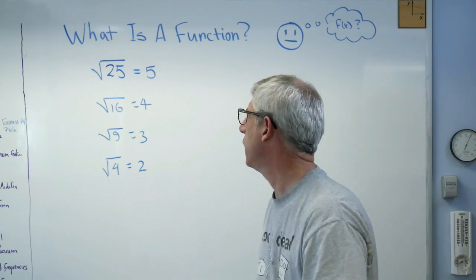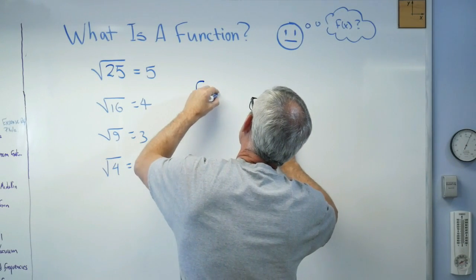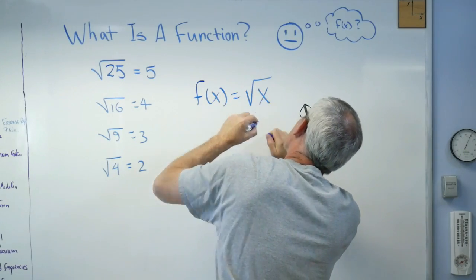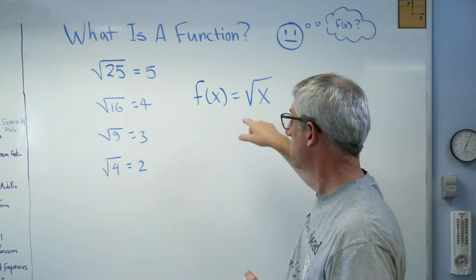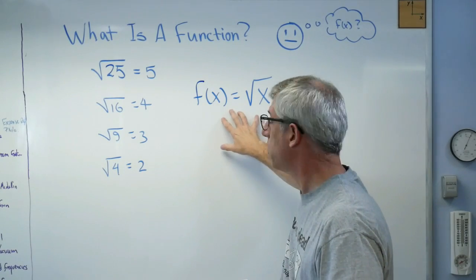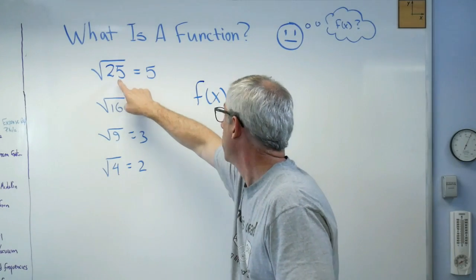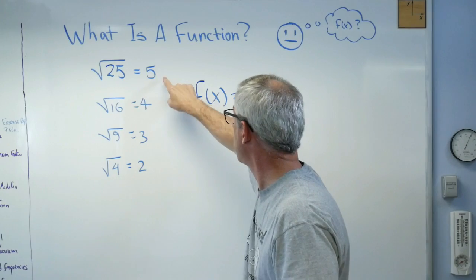Sounds kind of awkward. A more general way to do it, and because it's more general, it's more powerful, is to write this. Okay? A function of x is the square root of x. This is true for all numbers. Okay? I can put 25 in, and I take the square root of that, I'll get 5 out.